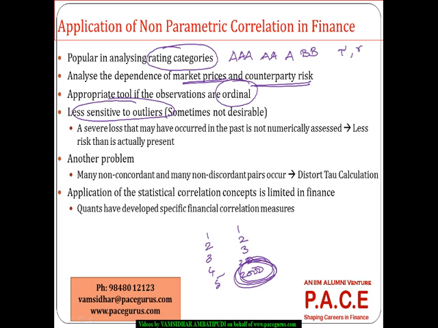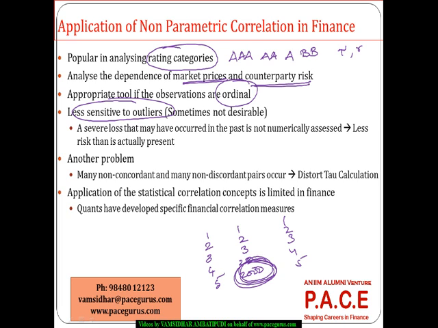Even if there is a severe loss that has occurred in the past, that does not get numerically assessed, because rank wise it looks as if it is still the 5th one. So the difference becomes completely narrowed and extreme things get completely out of the analysis. And even when we are taking data which had a very high risk value in the past, today it shows that there is not much risk actually present. So that becomes another major problem with using non-parametric correlation.